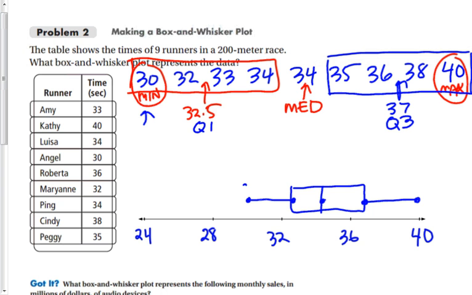So we have 30 here for our minimum, 32.5 for our first quartile, 34 for our median, 37 is our third quartile, and 40 is our maximum. All right, go ahead, you try that.